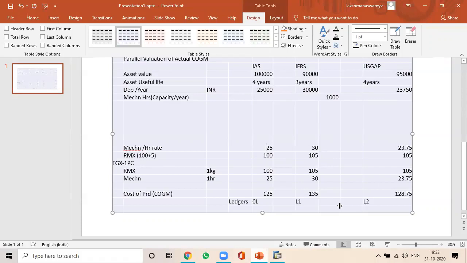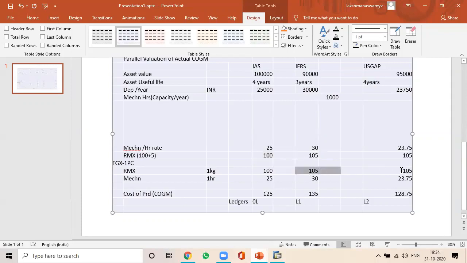Now we are producing finished goods X. In order to produce 1 unit of finished goods X, we require raw material X, 1 kg. So what is the cost per unit of raw material according to IAS? 100 rupees. What is the cost per unit of raw material according to IFRS? 105 rupees.